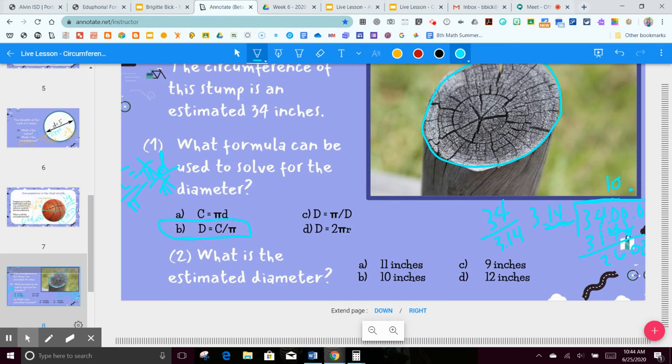And then 314 can go into 2600 about 8 times. And that's going to give me 2512. And yes, I have a remainder, but this is enough to answer the question. 10.8 is closest to what? 10 or 11? I choose 11 because 10.8 is closer to 11.